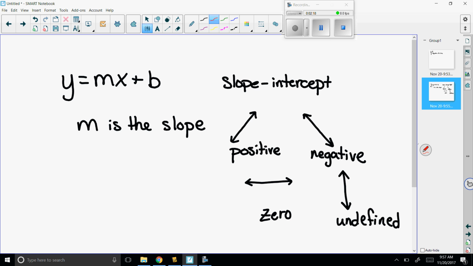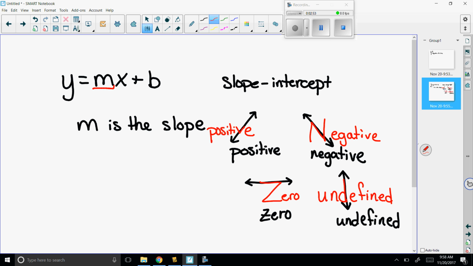And we remember that because we can find the slope somewhere within the words. All right, so we have positive, negative, zero, and undefined slopes.